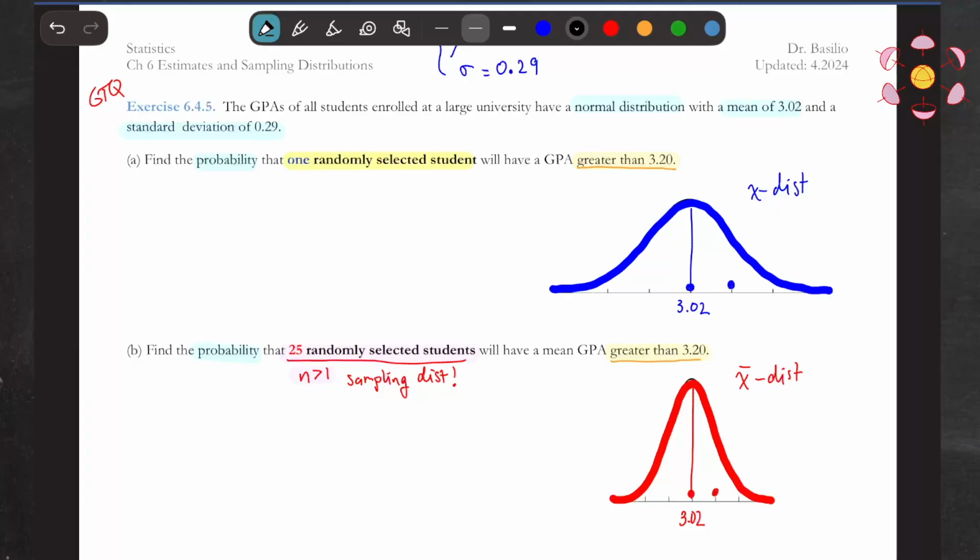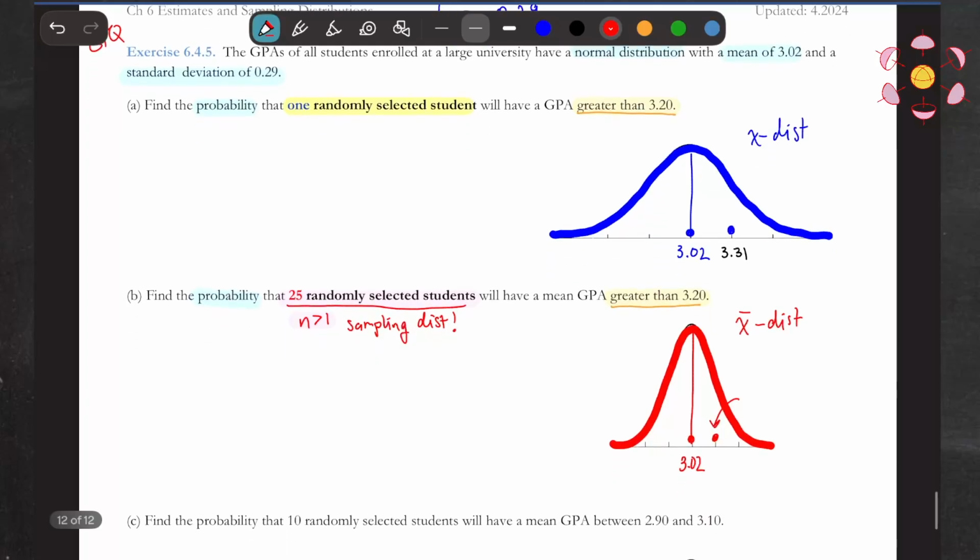So that is this number right here. And I'm glad we calculated that because the second blue dot, right here, basically is one student, and that one student's GPA is 3.31. Okay. What is the dot over here representing? It's still one standard deviation above the mean, but it's a different curve.